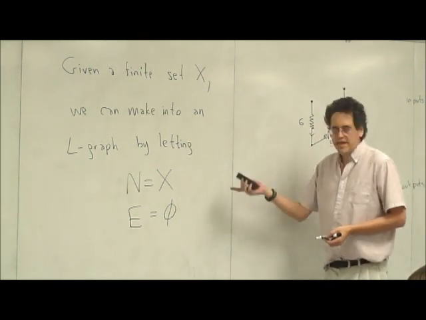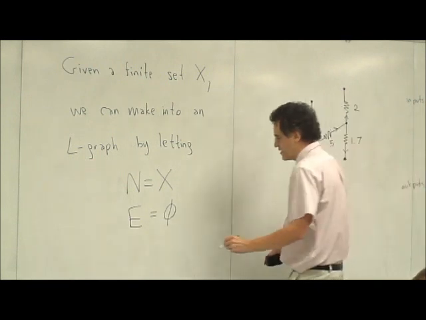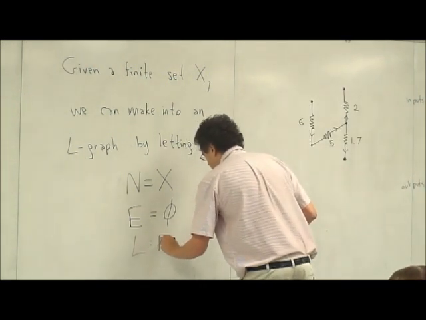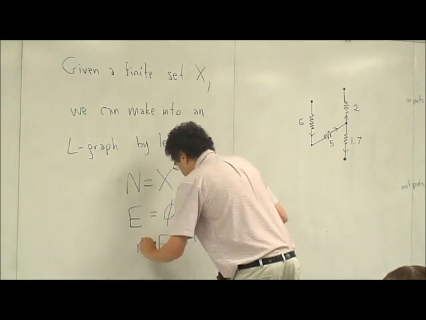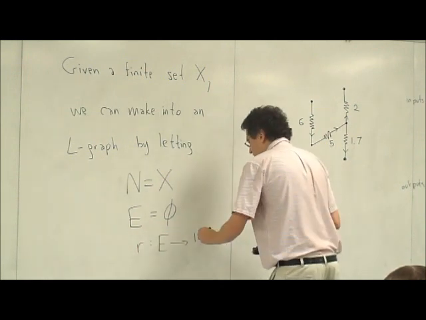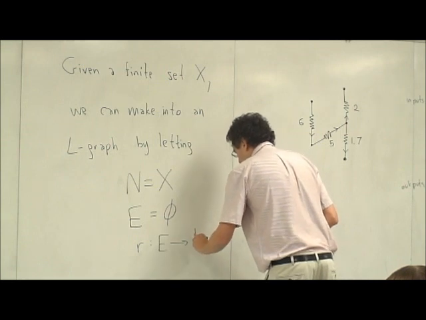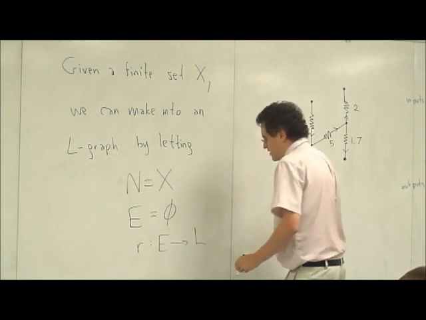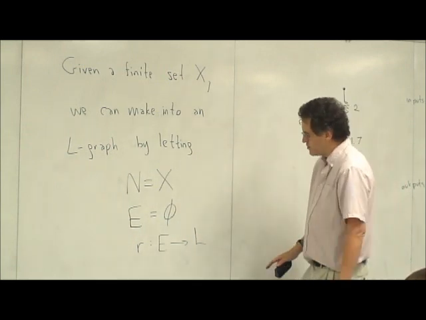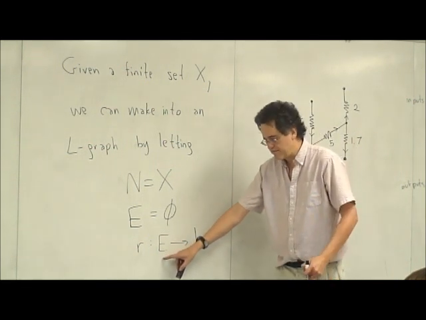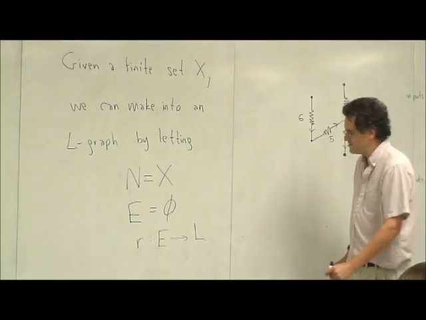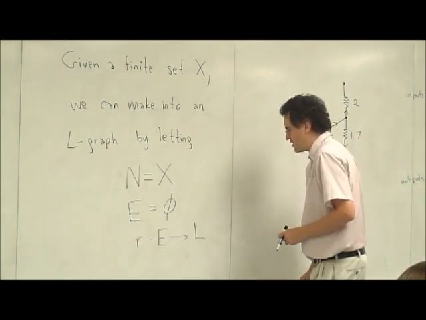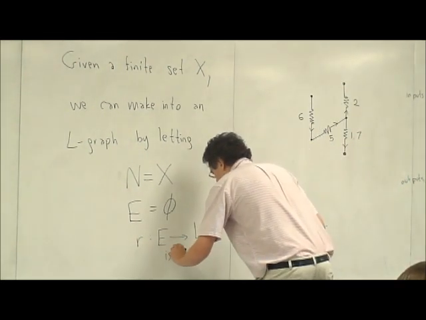And then, of course, the labeling is pretty easy, because the labeling would be some function from the empty set to our set of labels. But the great thing about the empty set is that you know instantly what that function should be. There's only one thing it could be, because it's just assigning to nothing at all. You don't need to make any decisions, okay? A function that's defined on the empty set is automatic. So it's the only possible thing it could be.